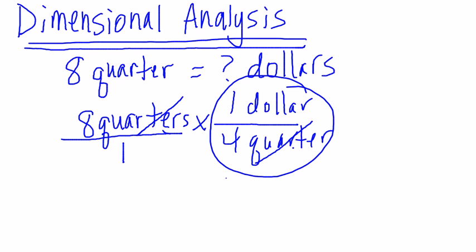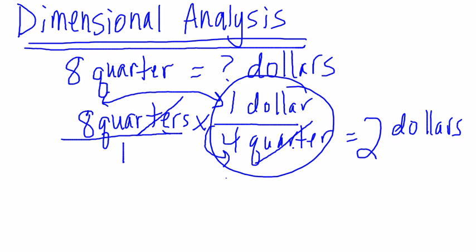Now, what do the numbers do? 8 times 1 across the tops of these fractions is 8, and then you divide by 4. So 8 times 1 divided by 4 is 2, and we're left with the unit that doesn't cancel, dollars. I know that seems like a lot of work for something that you could have done in your head, and it's really obvious, but I guarantee you we're going to do much, much more difficult conversions later on, ones which last 4, 5, 6, 7 steps that you can't do in your head.